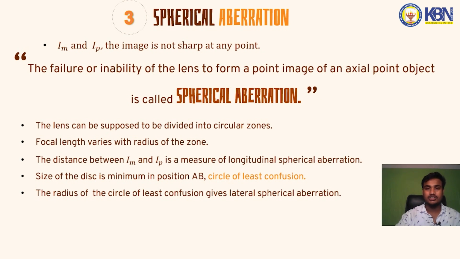It will not be sharp at any point. The failure or inability of the lens to form a point image of an axial point object, that is, an object placed on the axis, that too a point object, is known as spherical aberration.